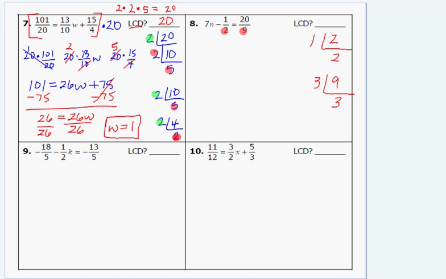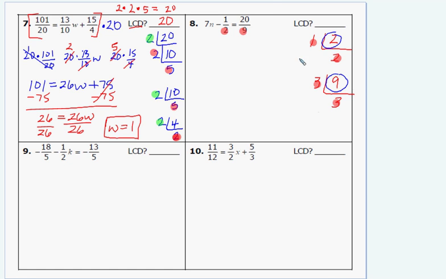So if we look at the numbers that we have on the outside, notice we don't have anything that they have in common. So all of the numbers that we see here are going to be used in our LCD. Well, if I know that I'm going to have to use all of the numbers that I have on the outside anyway, those numbers make up the one that I had on the inside.